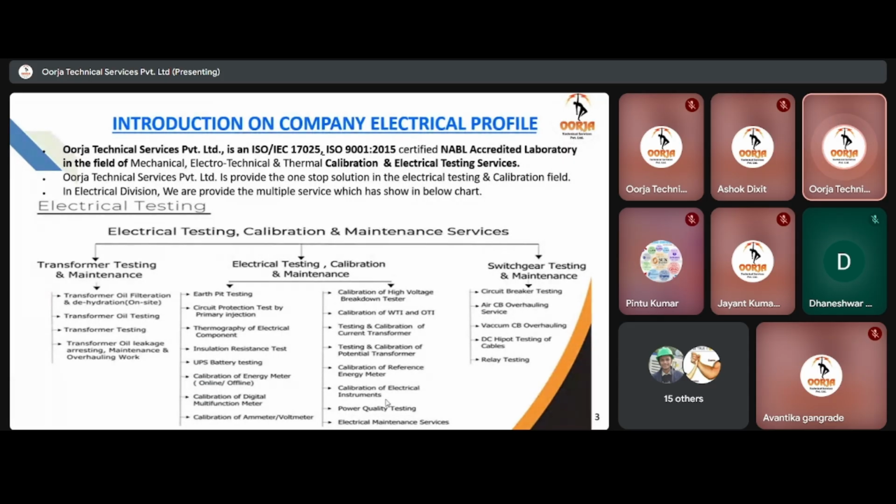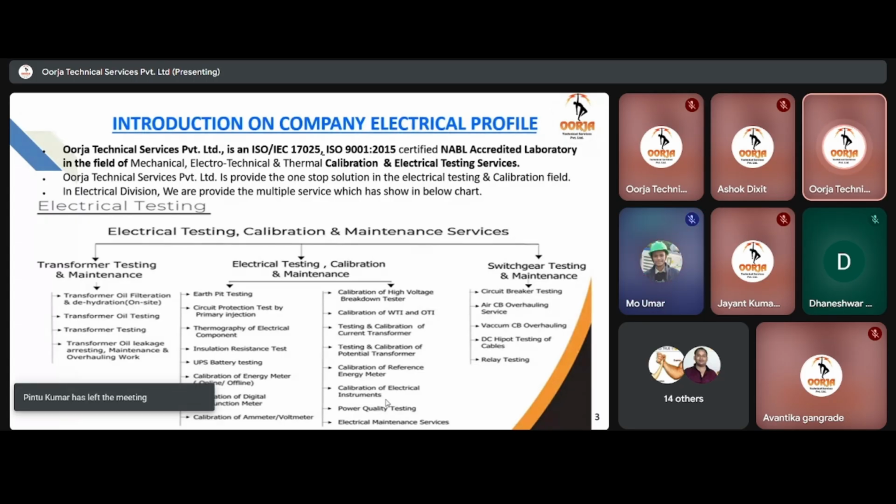We provide electrical services in multiple sectors: transformer testing and maintenance, electrical testing and calibration maintenance, and switchgear testing and maintenance. In transformer testing, we provide transformer oil filtration services, transformer oil testing services, transformer testing, maintenance, and oil leakage arresting work.